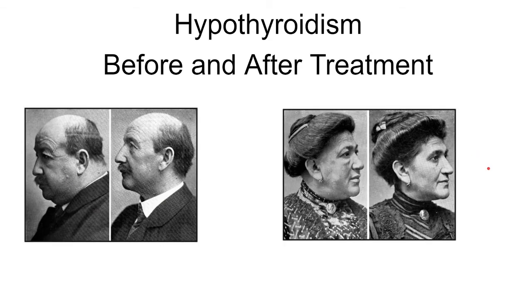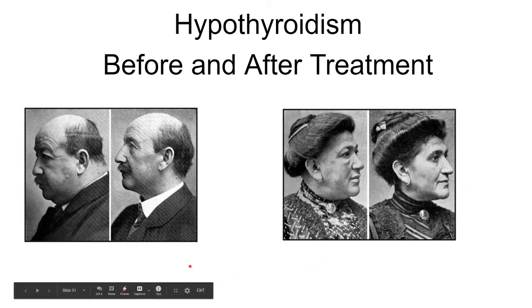Hypothyroidism. Hypo, once again, means low. So this means their thyroid is not producing enough, which means a lot of times their metabolism is lower, meaning that they aren't able to process foods and nutrients as well. And what that leads to is a lot of times people being overweight.